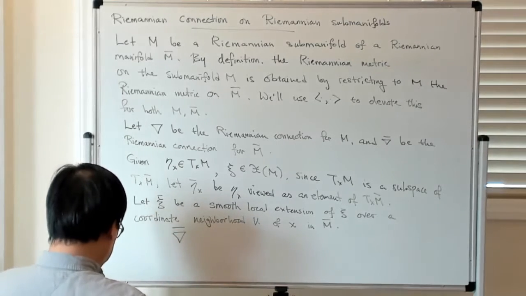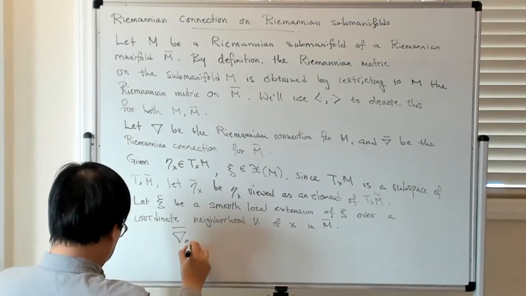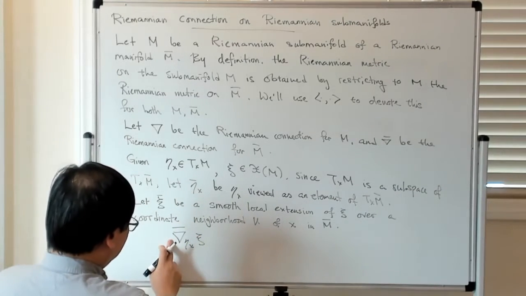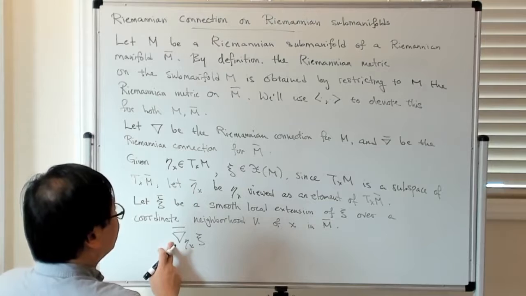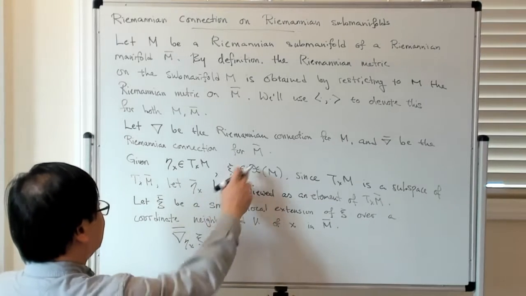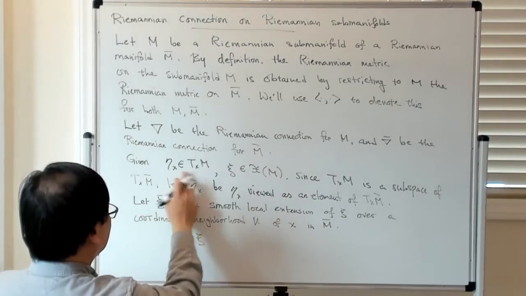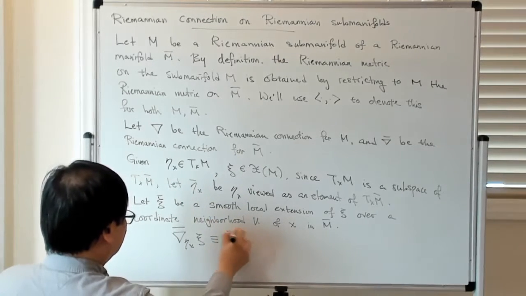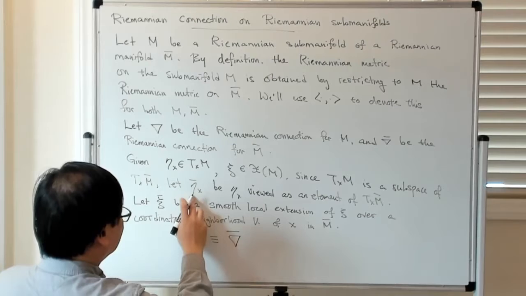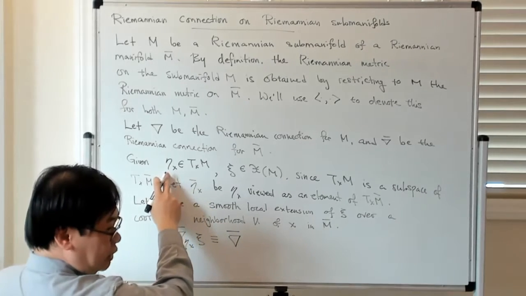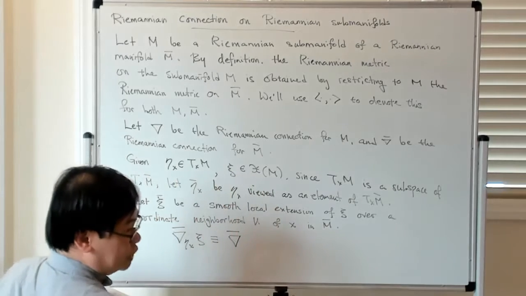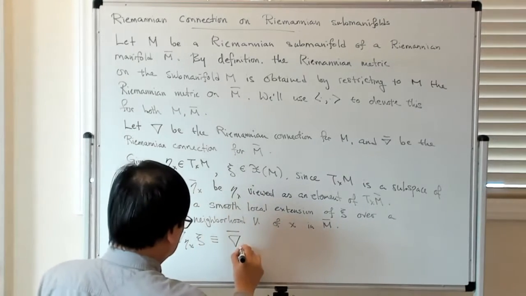What I'm going to do is define the action of the Riemannian connection on M bar on this data to be nothing more than the Riemannian connection on M bar applied to the inclusion of the vector and the smooth extension of the vector field.